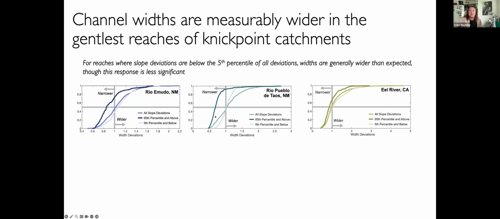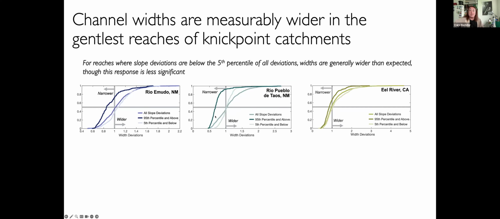There's this influence of variable erosion thresholds that's likely going to influence our bankfull width. And this is a rich area for future research, especially with the high resolution topography that's available now. We've also found that reach scale differences in bankfull width do vary systematically with bankfull flood intermittency.